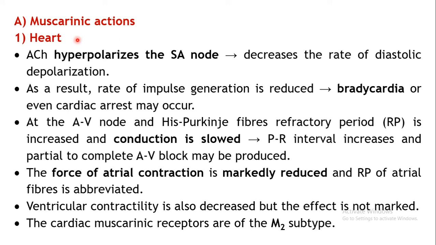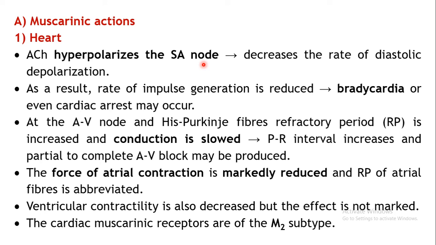So first organ, that is the heart. We have seen in the table also where exactly those receptors are located. It is basically the M2 subtype of receptor which is located on the heart, right? At different places it is located, and we have seen what the consequences are. As we have seen, ACh hyperpolarizes the SA node.